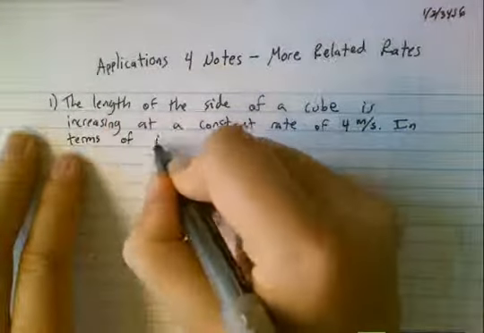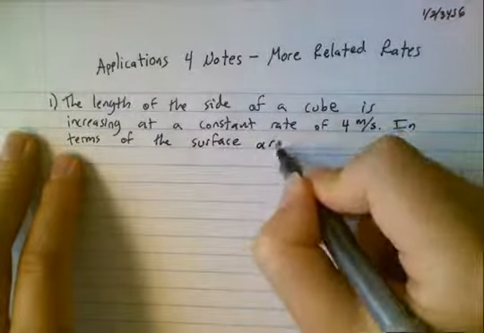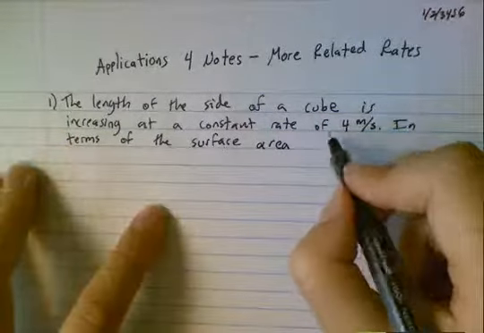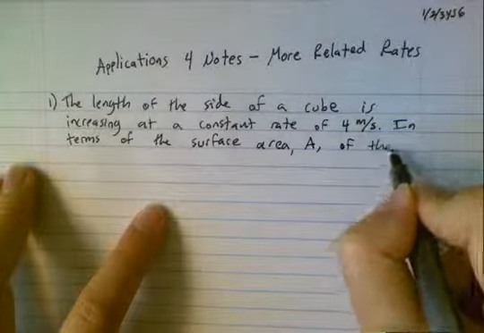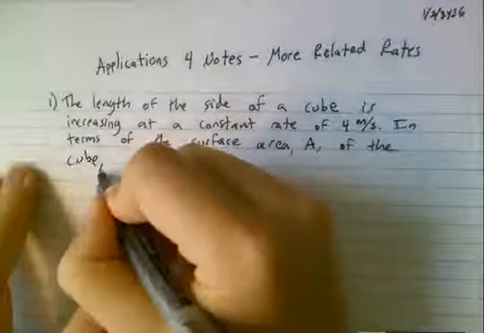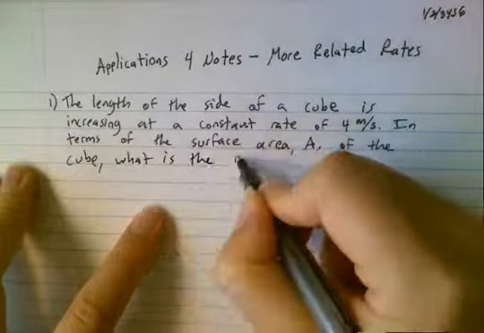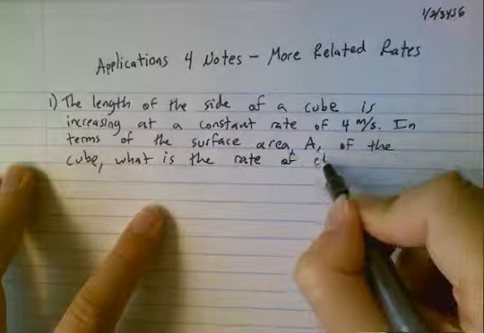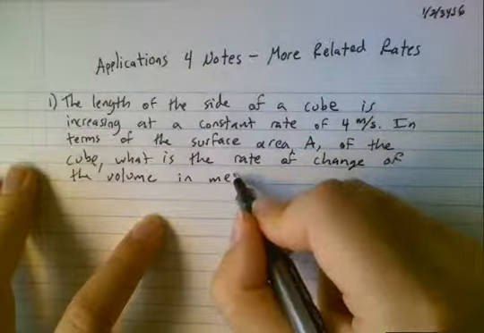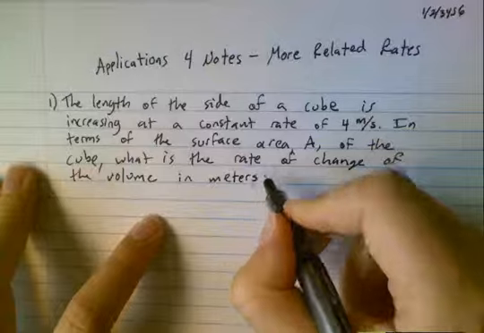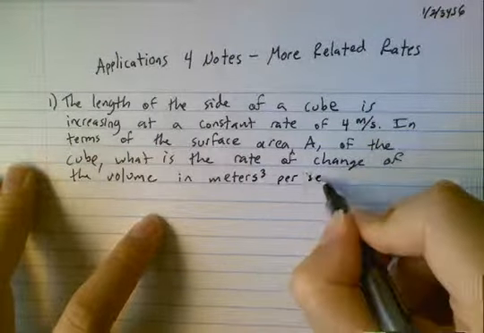In terms of the surface area, let's call that A of the cube, what is the rate of change in meters cubed per second?